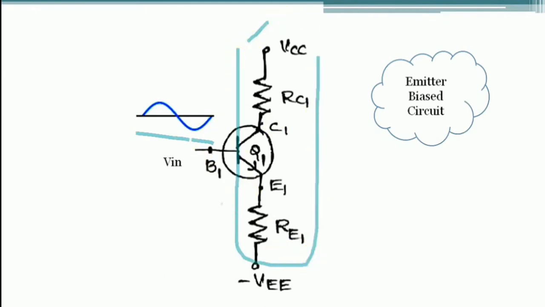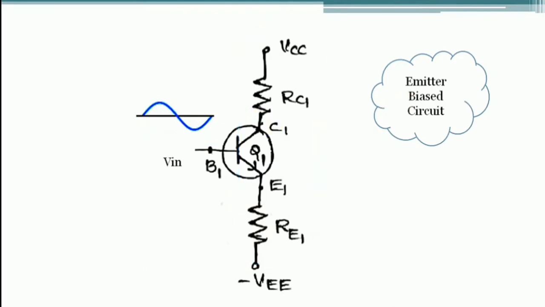At this point we have to observe how the signal will appear at the collector terminal and similarly at the emitter terminal. Means with the input base signal we have to observe the responses both at the collector terminal and at the emitter terminal.